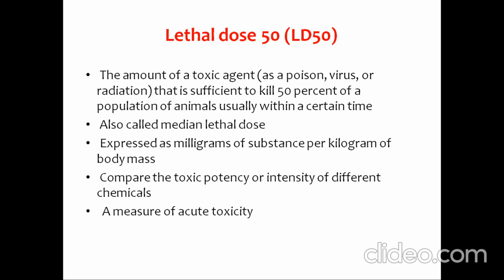This is the amount of a toxic agent, it may be a poison, a virus, or radiation, that is sufficient to kill 50% of a population of animals usually within a certain time. It is also called the median lethal dose, expressed as milligram of substance per kilogram of body mass, used to compare the toxic potency of different chemicals, and is a measure of acute toxicity.